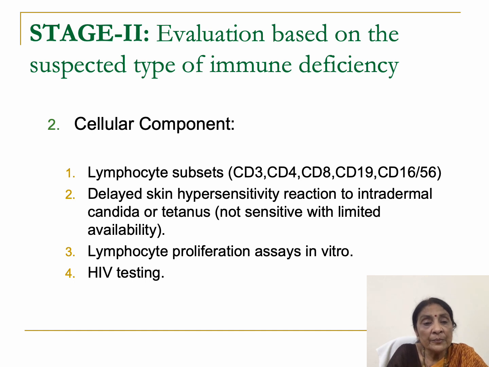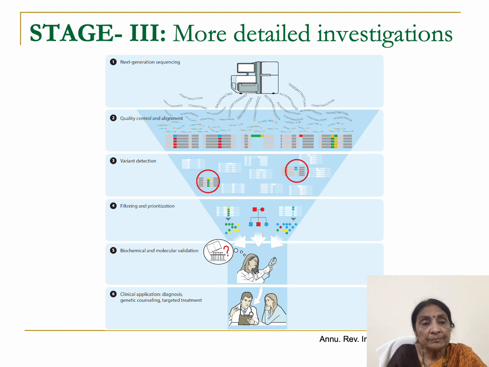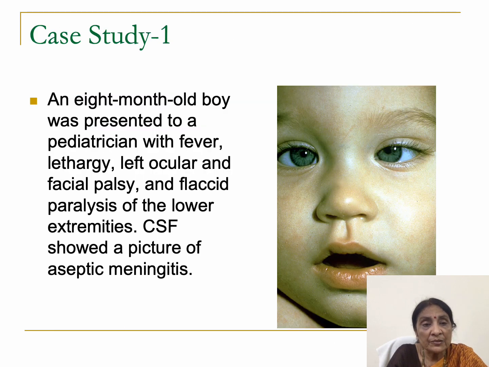And for the cellular component: lymphocyte subsets like CD3, 4, 8, 19, 16, 56, delayed skin hypersensitivity reaction to intradermal candida or tetanus, not sensitive with limited availability, lymphocyte proliferation assays in vitro, and HIV testing. And in stage 3, more detail like next-gen sequencing may be required to find the genetic problems in the patient.